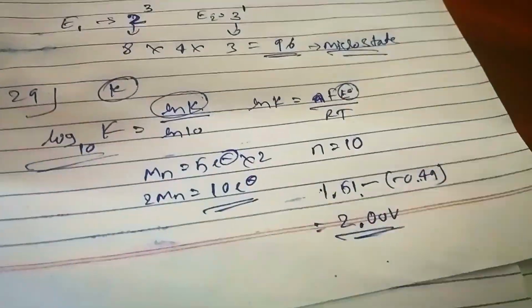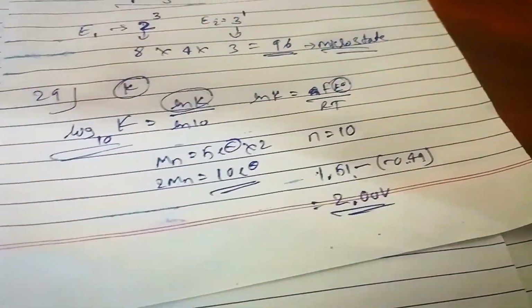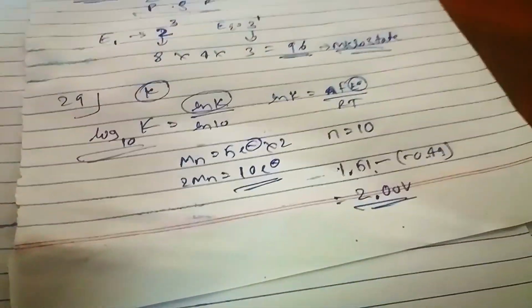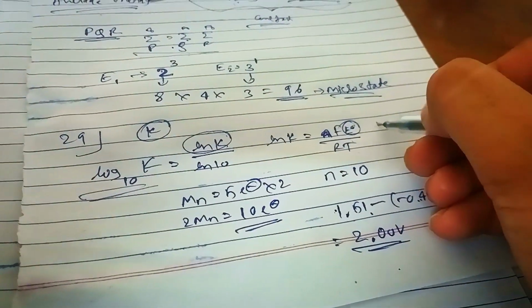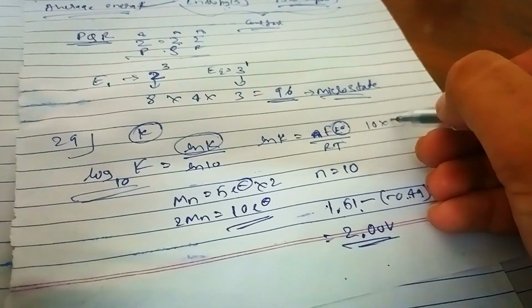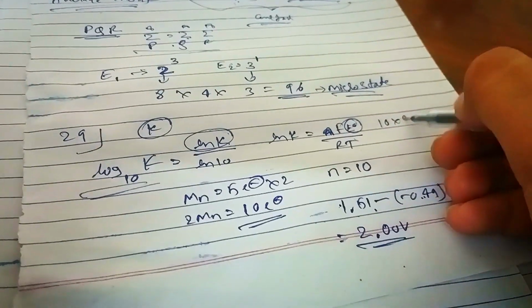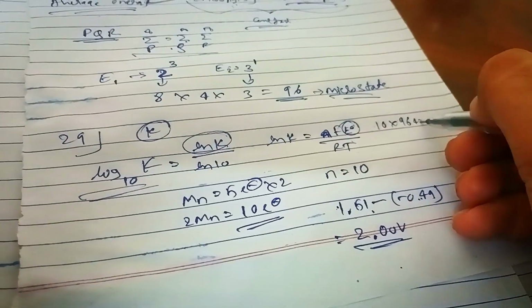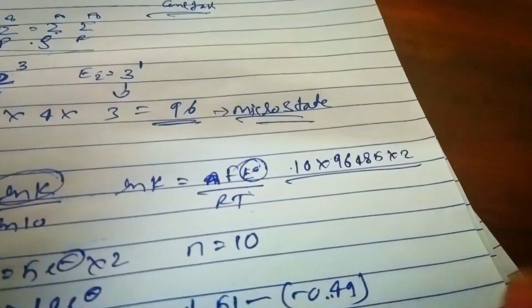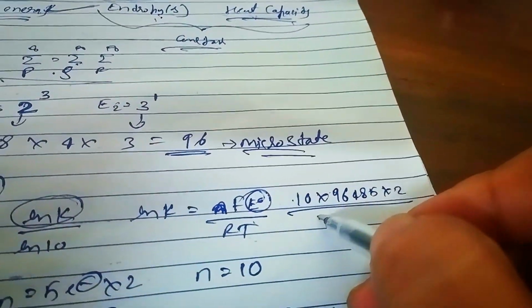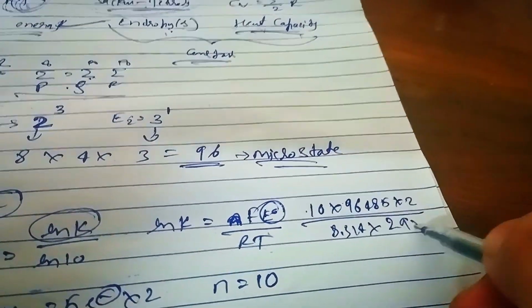Putting this as E0, so 10 into Faraday's constant, 96485, into 2, divided by 8.314 into temperature, which is given as 298.